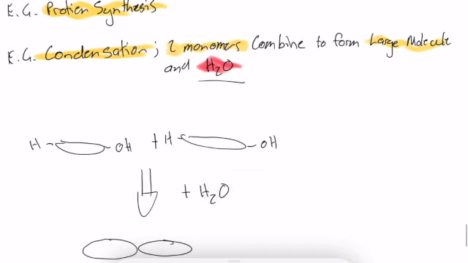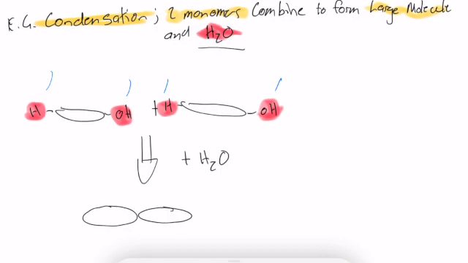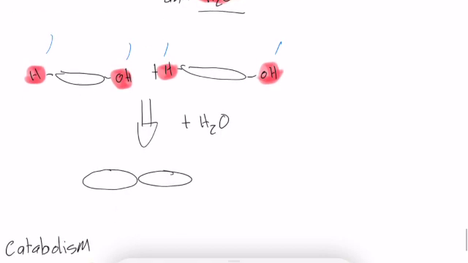This is usually seen when there is an excess amount of hydrogen and oxygen atoms. In this instance, if we add this up, we have a total of 1, 2, 3, 4 hydrogens and 2 oxygens. So in this case there would be 2 water molecules formed when these two molecules bind together.